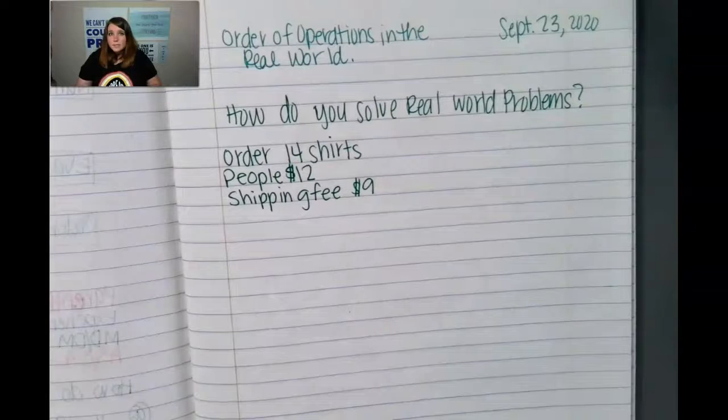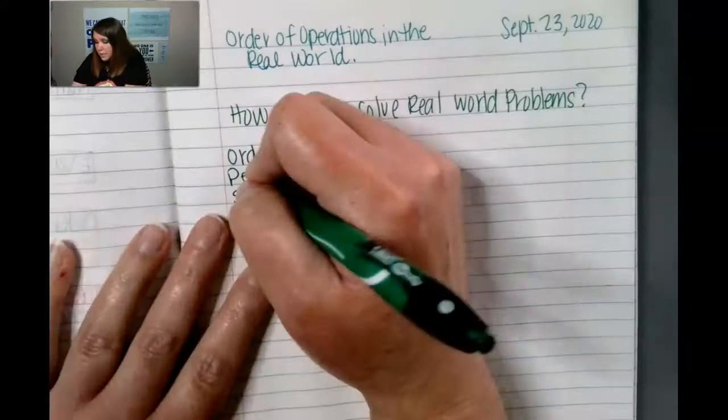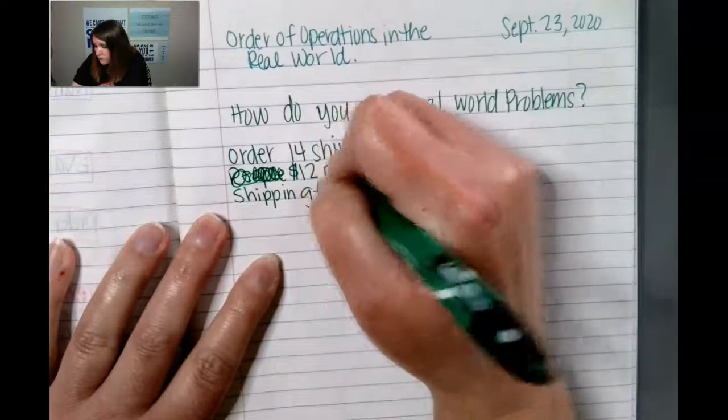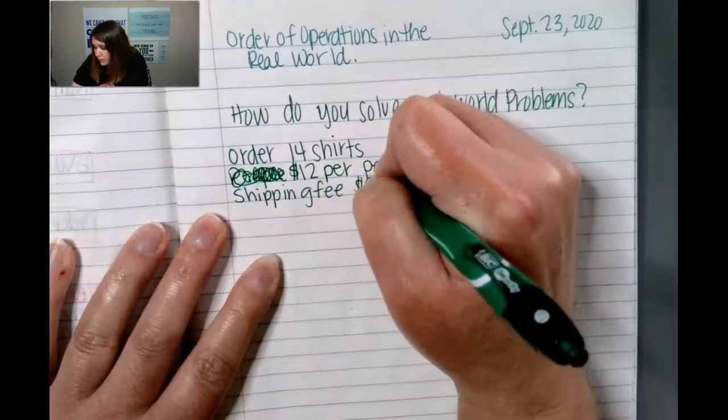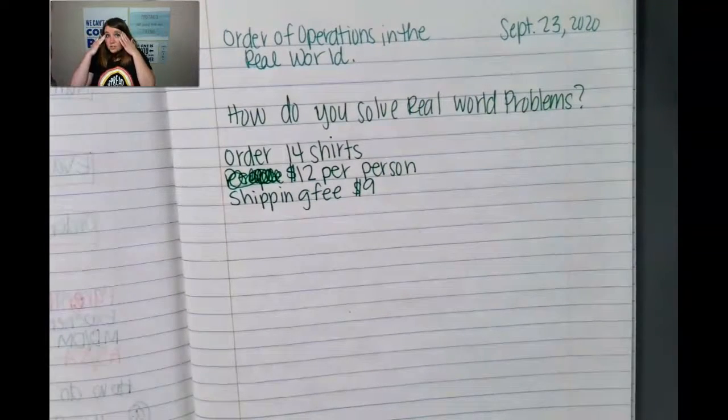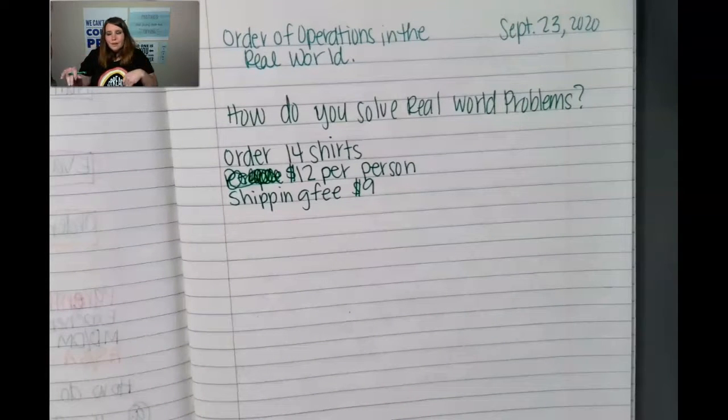That makes a lot more sense. I am so sorry. That is way better. Okay, so 14 shirts at $12 per person plus the $9 shipping fee.